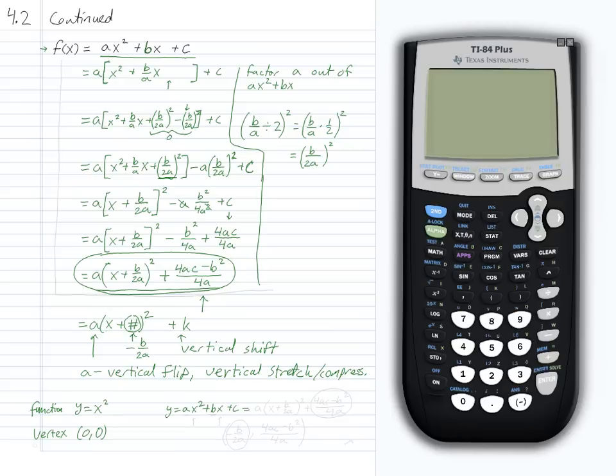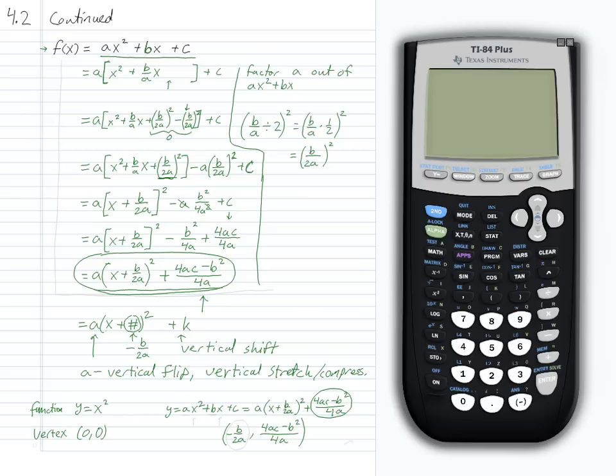We could write that as a times x plus b over 2a squared plus 4ac minus b squared over 4a. This quadratic is going to have a vertex at opposite of b over 2a, and the y-coordinate is going to be shifted up, so that's going to be at 4ac minus b squared over 4a.